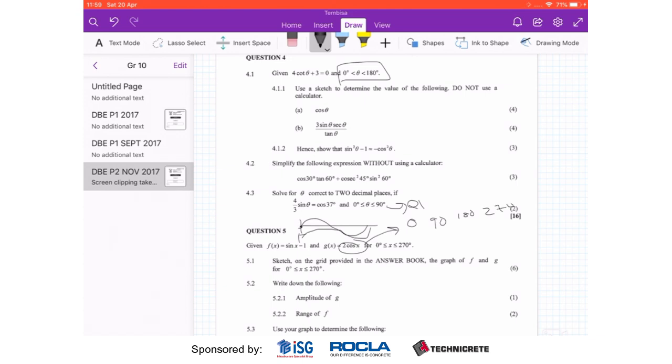Okay, so put that into your calculator. So 2 cos of 0 is 2, 2 cos of 90 is 0, and 2 cos of 180 is negative 2, and 2 cos of 270 is 0.